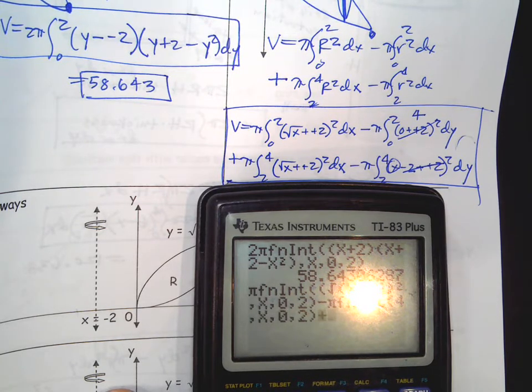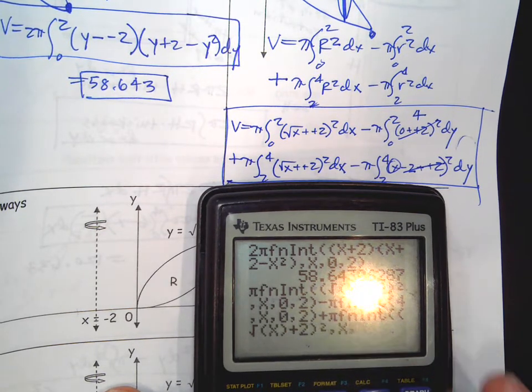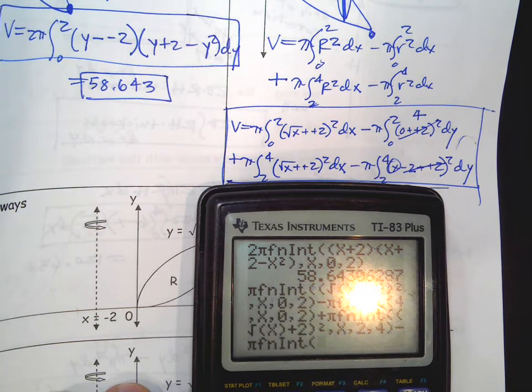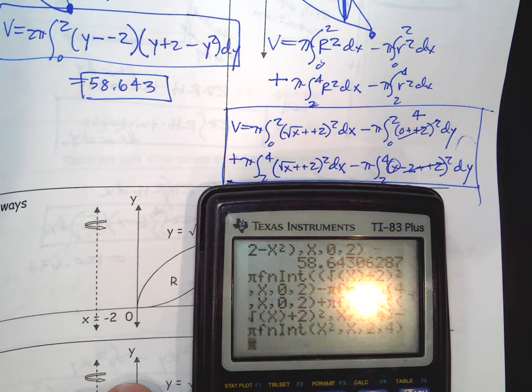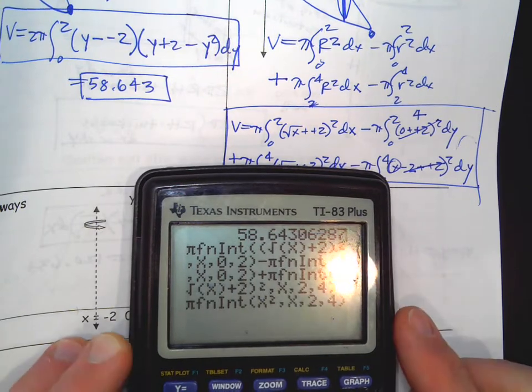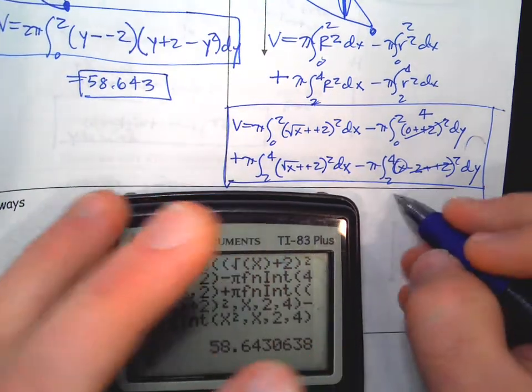Plus pi, math 9, parentheses, square root of x, plus 2, close parentheses, squared, comma x, comma 2, comma 4, minus pi, math 9, x squared, comma x, comma 2, comma 4. So I think I typed it all correctly. It's probably going to take my calculator a little longer to calculate too. Yep, same answer. It's a good sign.